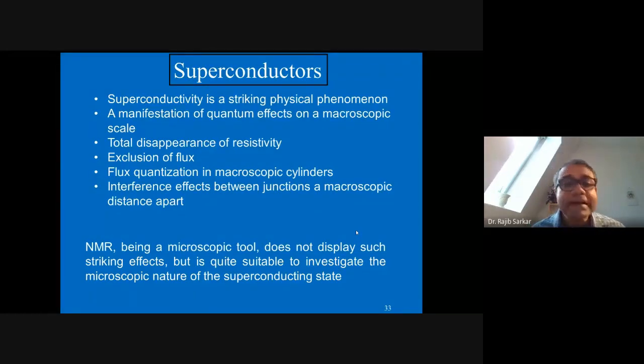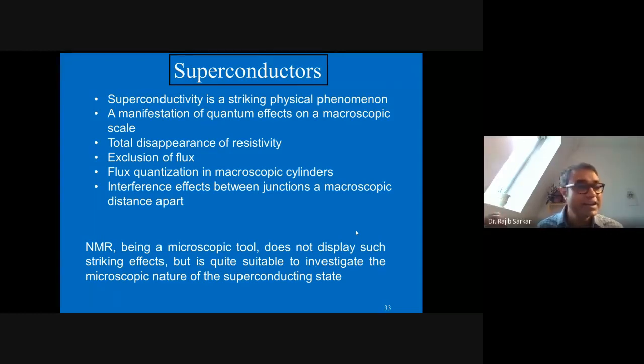So why are superconductors important? I told you it is a striking physical phenomenon. It's a wonderful phenomenon and a manifestation of quantum effects. If you really want to understand superconductivity, you have to understand quantum effects. Otherwise, you cannot do it. There is the total disappearance of resistivity: your resistance is completely gone.